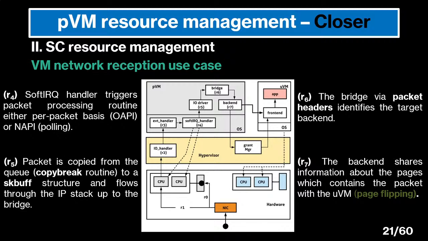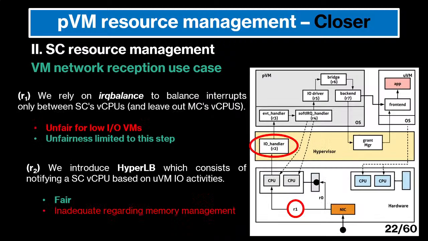Then at the bridge level, we can identify via the packet headers where the packet should be routed to, on which backend, which is the representative of the fake driver inside the target virtual machine. So once the backend is identified, you can now start the process of sending the packet information to the target virtual machine.